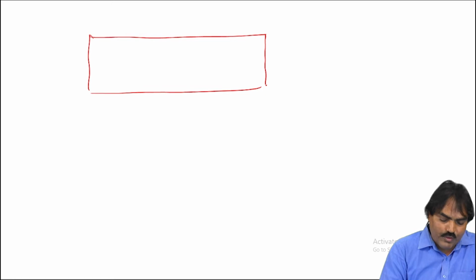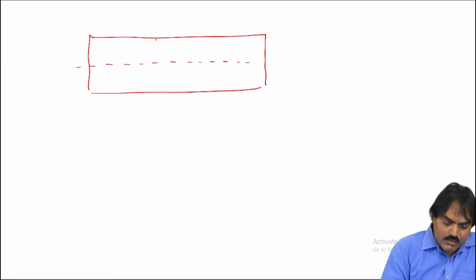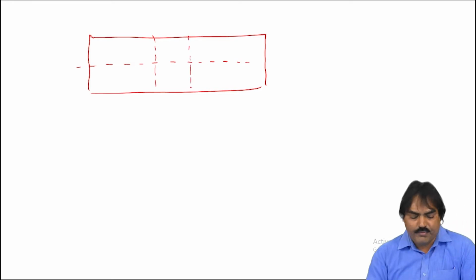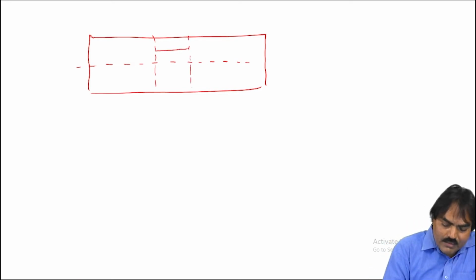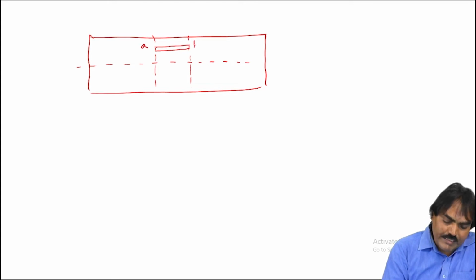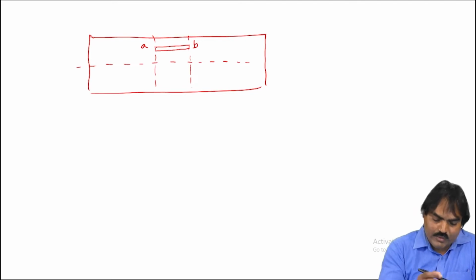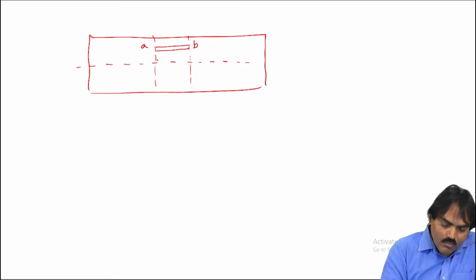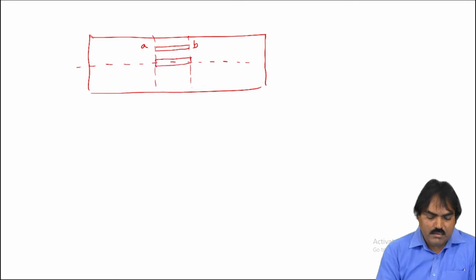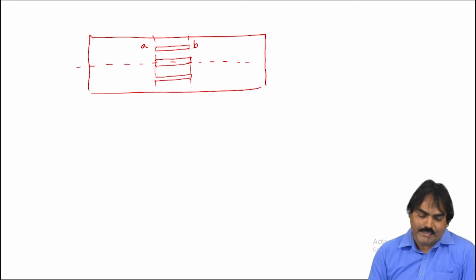This is the beam before loading. This is the axis. Here I am showing only the front view of the beam. I am taking a small strip here. Let the length of the strip be AB, one above the neutral axis or the axis of the beam, one on the beam axis, and another one below the axis.